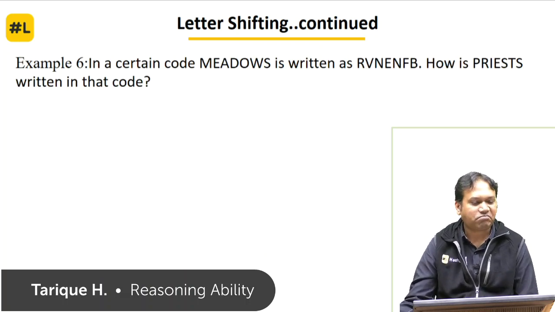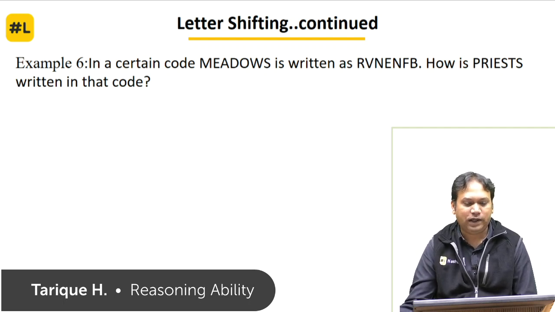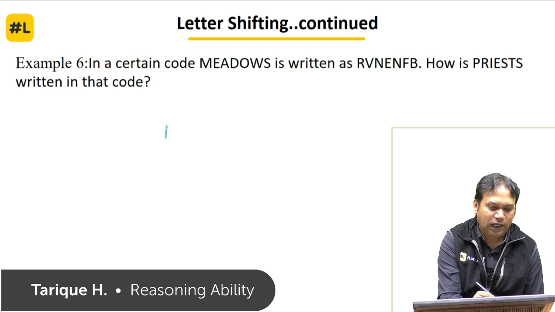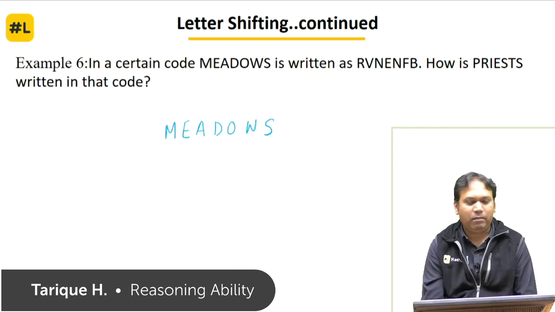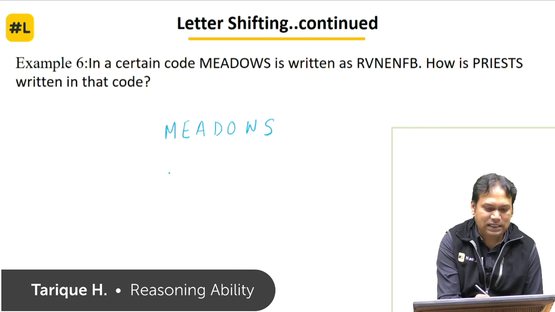Example 6. In a certain code, let's see who can do it the fastest. In a certain code, MEADOWS is coded as RVNENFB.